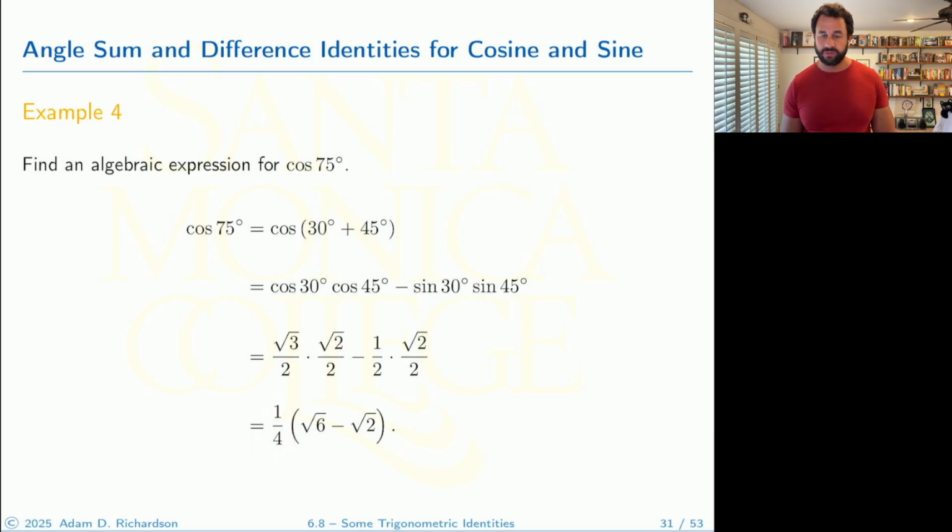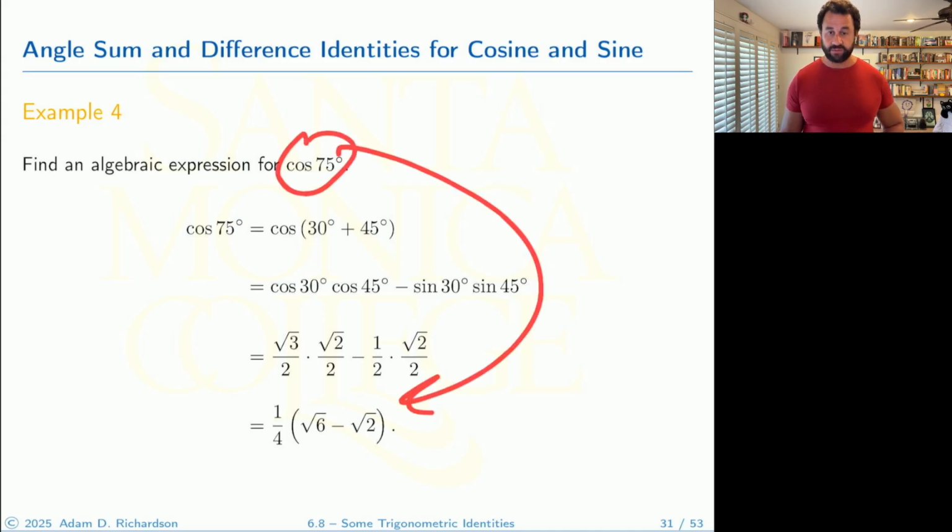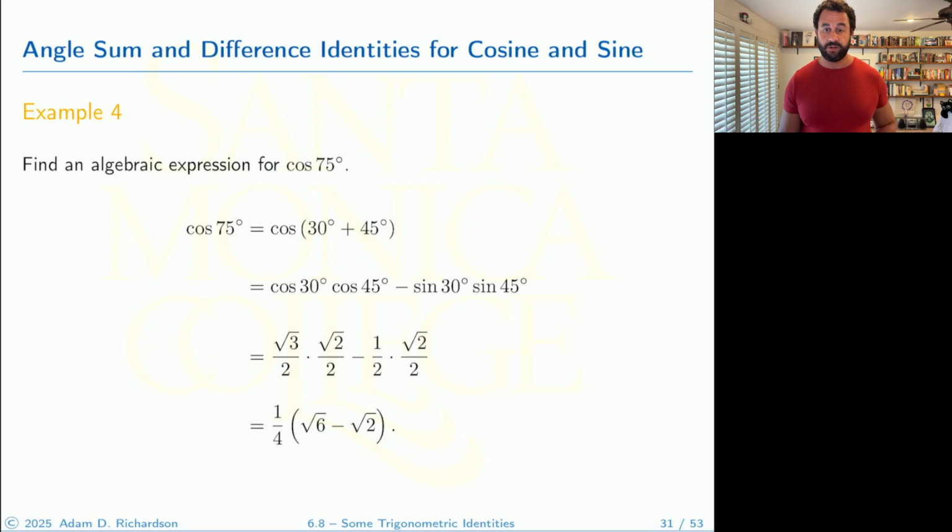Square root 3 times square root 2 is square root of 6, and 1 times square root of 2 is square root of 2. So cosine of 75 degrees, this is having written it just in its plain form. Now we're expressing this value in an algebraic form, right? So this is an algebraic number, and here it is written in an algebraic form, just like so.